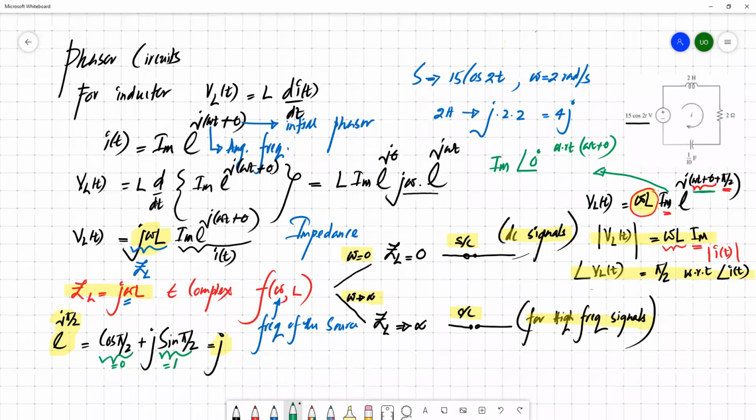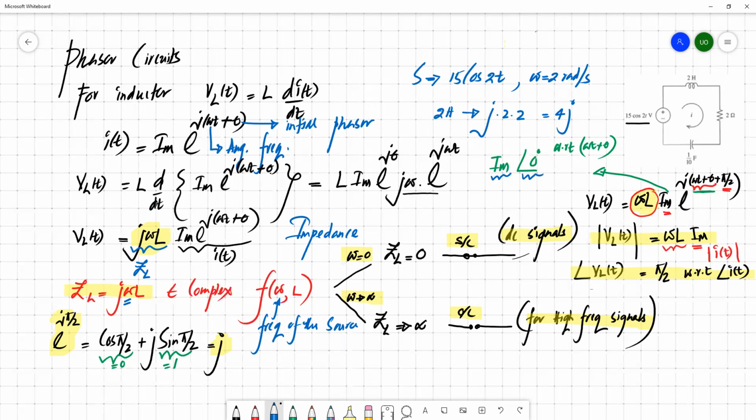If we measure the quantities with respect to this current, we can represent this current as Im with an angle of 0. So this is the magnitude, and this is the phasor with respect to the initial phasor of this current, omega t plus theta. There won't be any additional phasor for this current, because we absorb omega t plus theta as a reference.